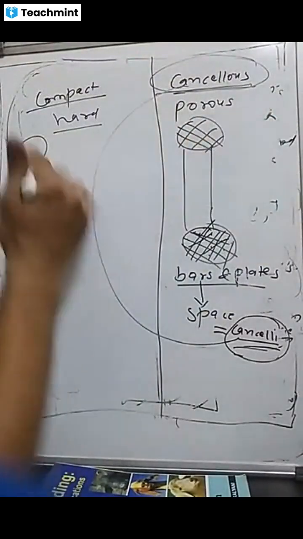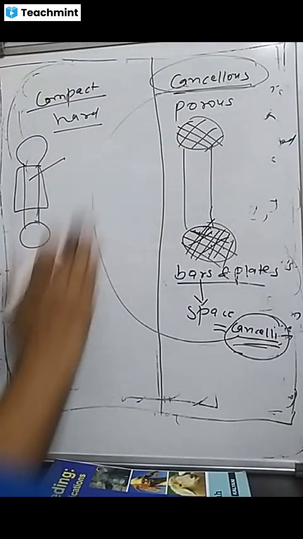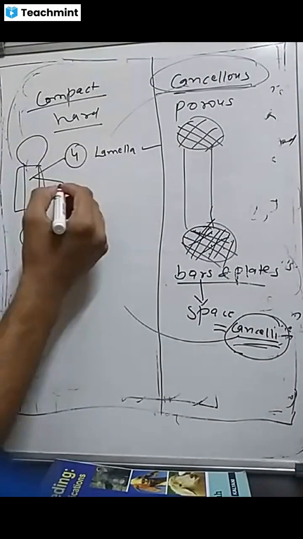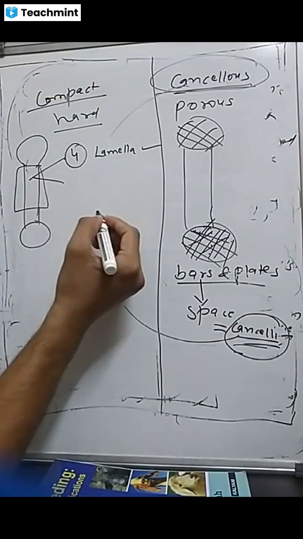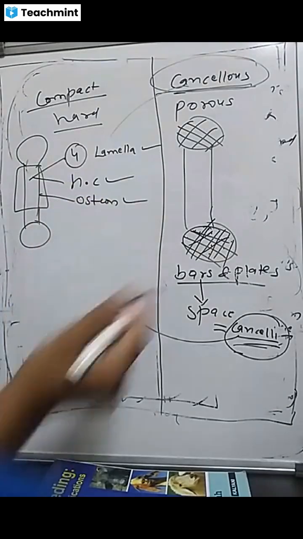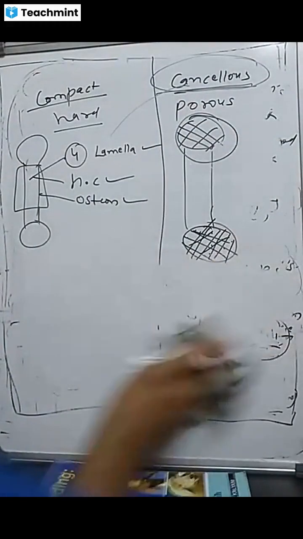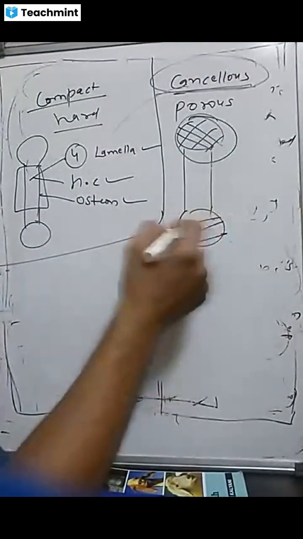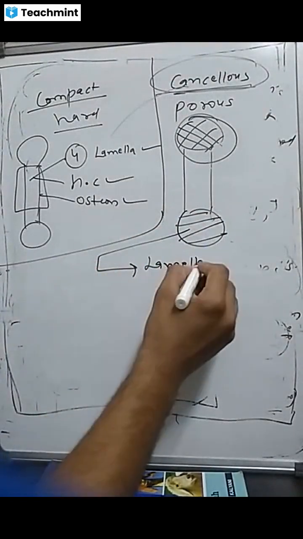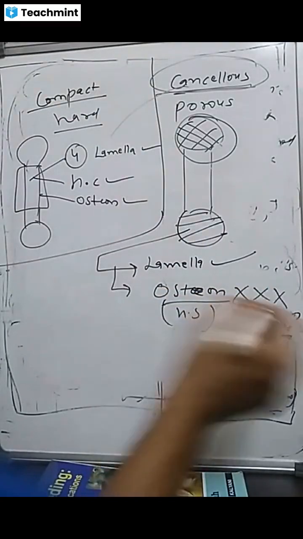So in case of cancellous bone, if we look at the porous structure, the lamella are organized in the form of osteon in compact bone, but in cancellous bone the osteon, the Haversian system is absent.